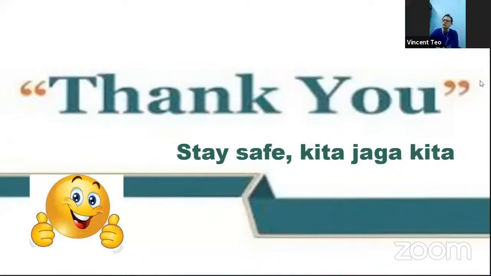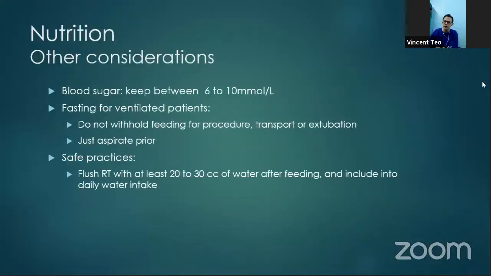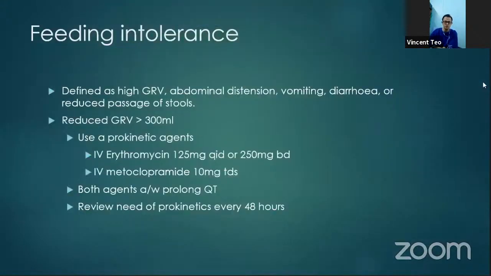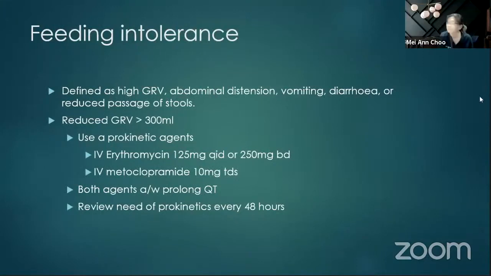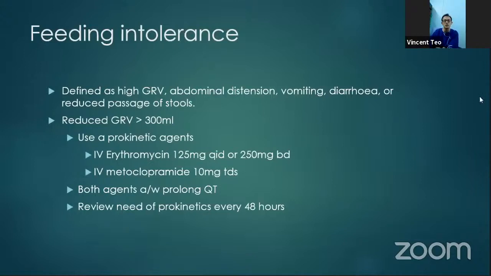All right. Generally, you withhold feeding when the patient has a high gastric residual volume, which is generally defined as more than 300. Anything less than that, by right, when you have a high gastric volume of like 100, 200, people start to withhold feeding, but it's actually recommended to just refeed what you aspirated.